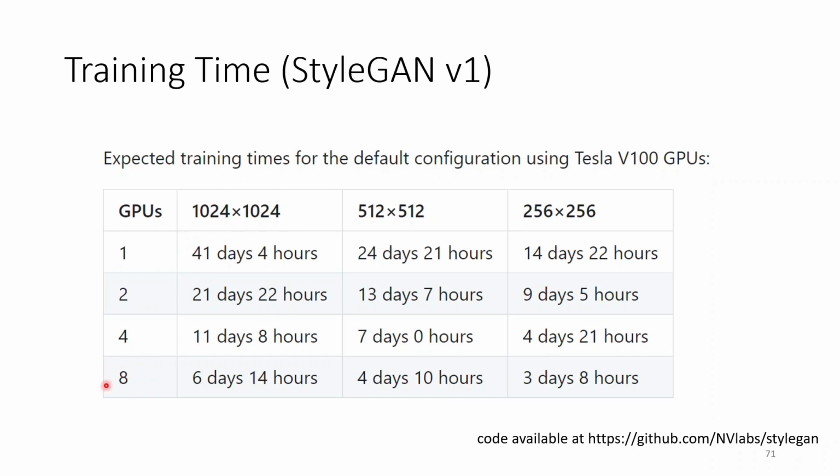And if you use 8 GPUs to train at this resolution, you still need 6 days. Very, very long. The author is a researcher at NVIDIA, and NVIDIA has a lot of computational resources.